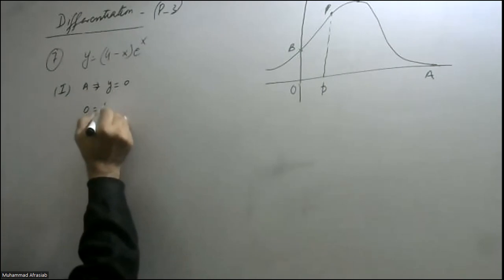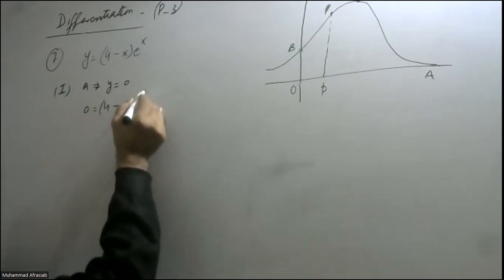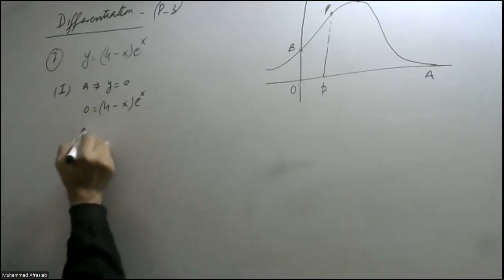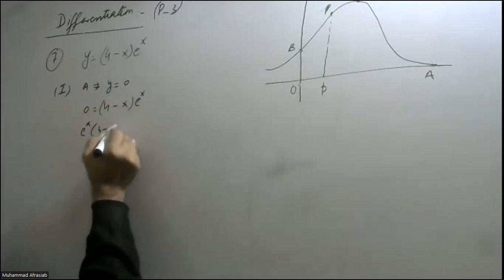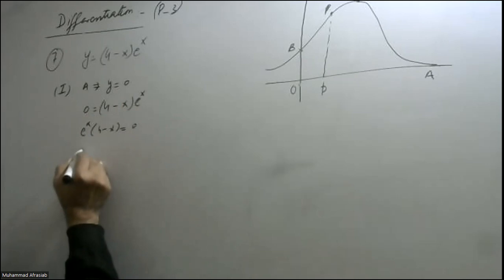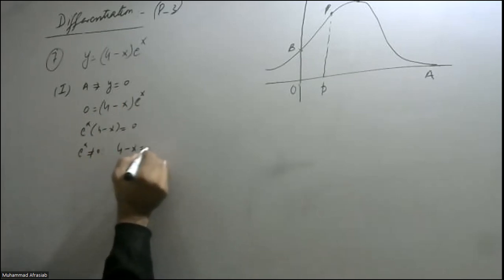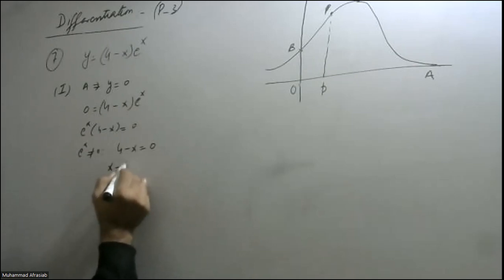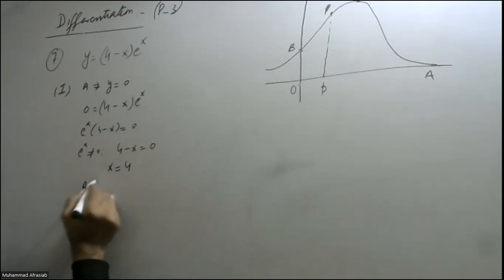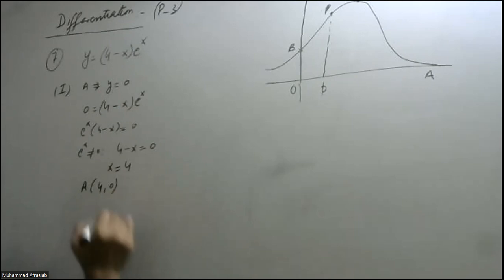So 0 is equal to (4 minus x) e power x. But e power x cannot be equal to 0. So 4 minus x is equal to 0, or x is equal to 4. So the coordinates of point A are (4, 0).